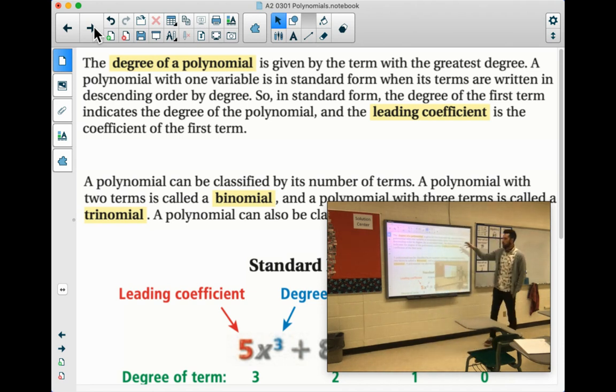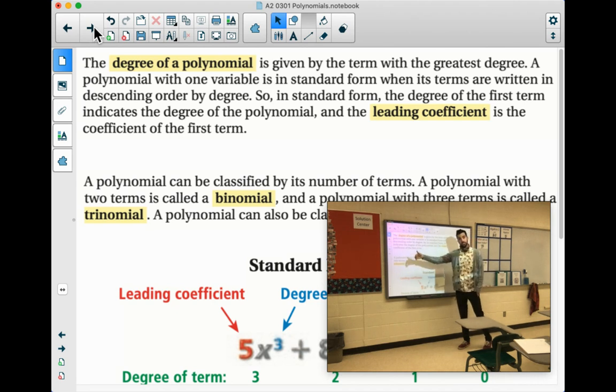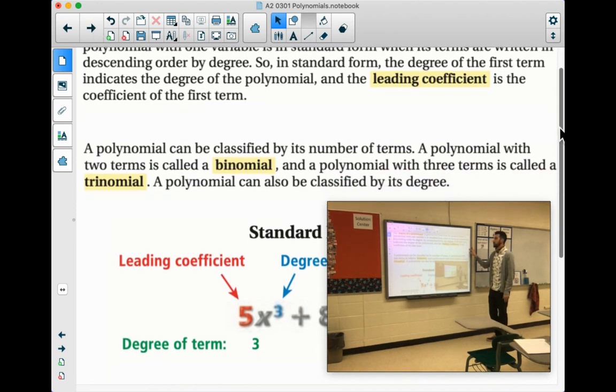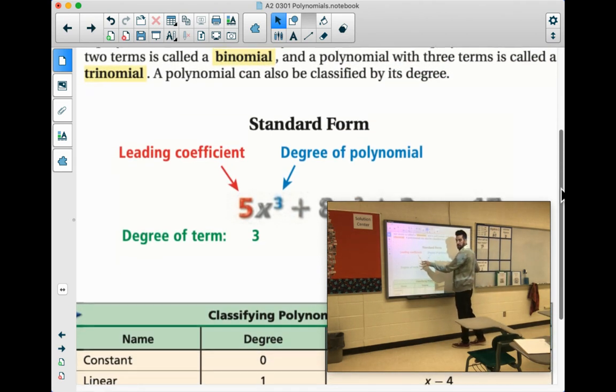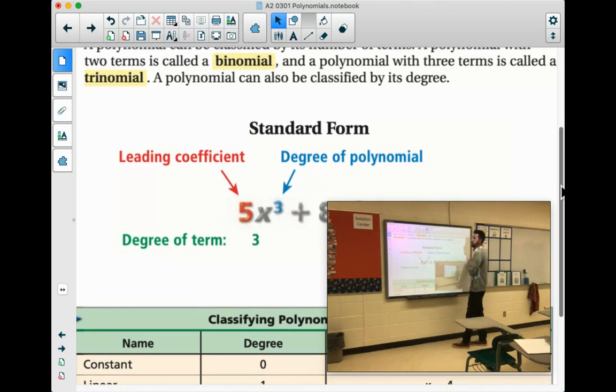All right, so when you are naming the degree of a polynomial, you go with the highest degree monomial, right? It's going to string together a bunch. When you're naming the degree of the polynomial, you go with the highest one. Also, getting it into standard form means that you put your highest degree monomial first, and then it goes down from there. So that's standard form.